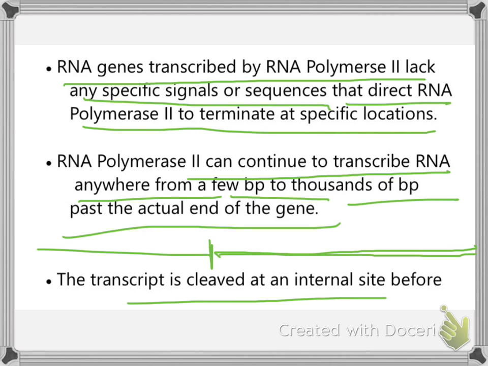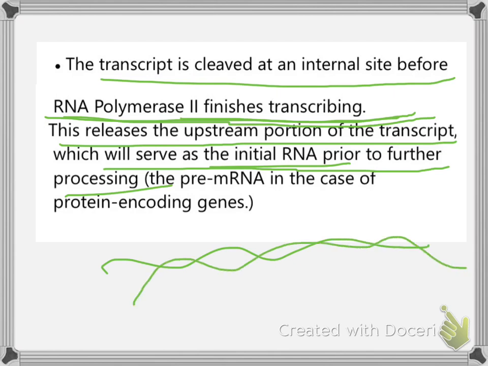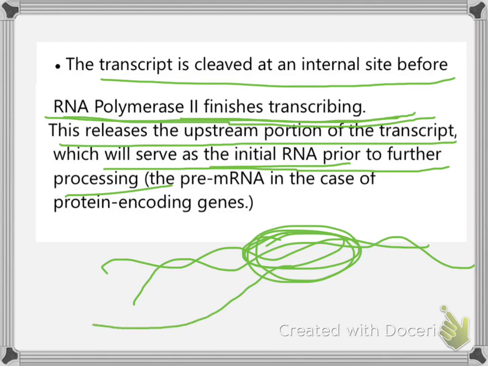So the transcript is cleaved at an internal site before the RNA polymerase II finishes transcribing. So that transcript, if this is the DNA, this is the RNA polymerase which moves. So the primary transcript is synthesized like this.